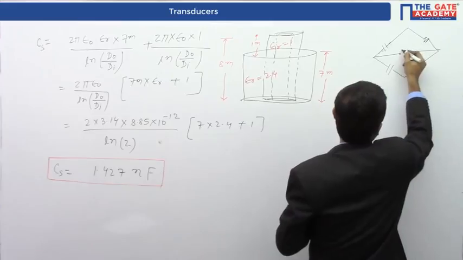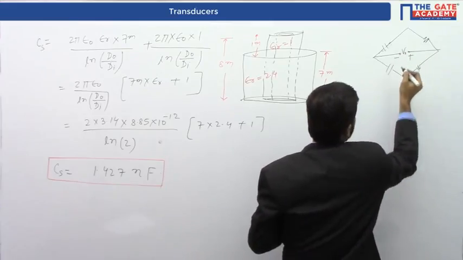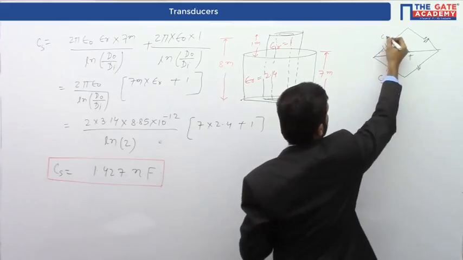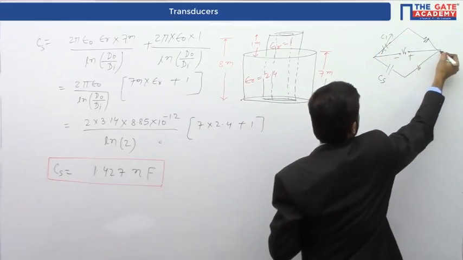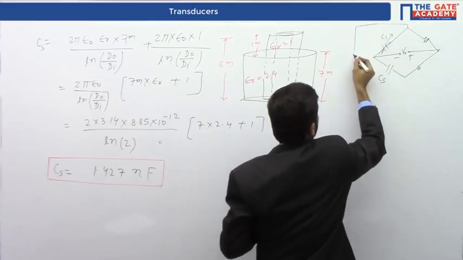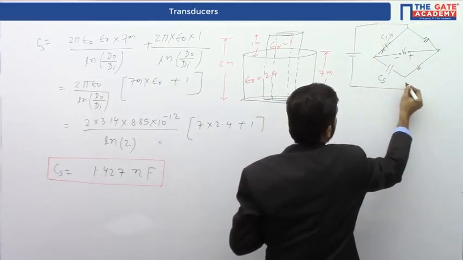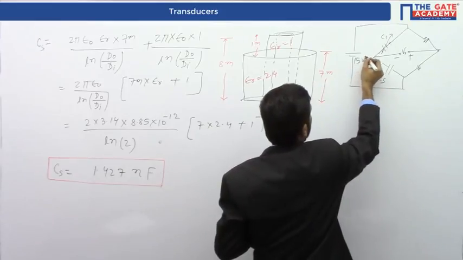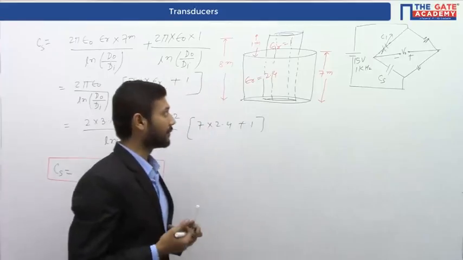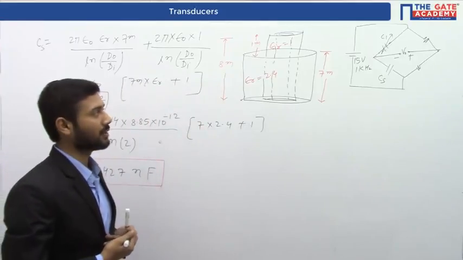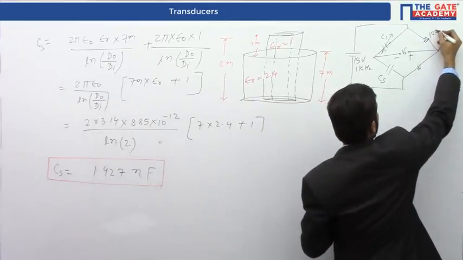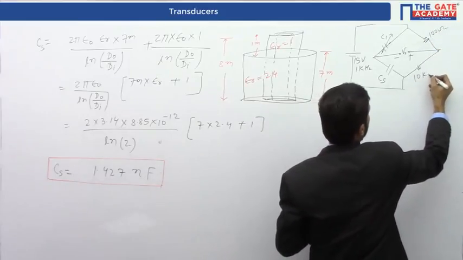This is V0, suppose this is plus and this is minus. This is our Cs, this is C1, the adjustable capacitance, and a 15 volt source Vs is here. This is 100 ohm and this is 10 kilo ohm.